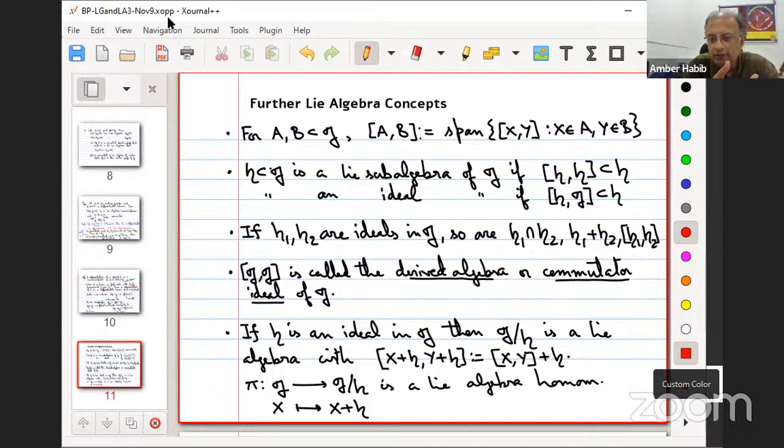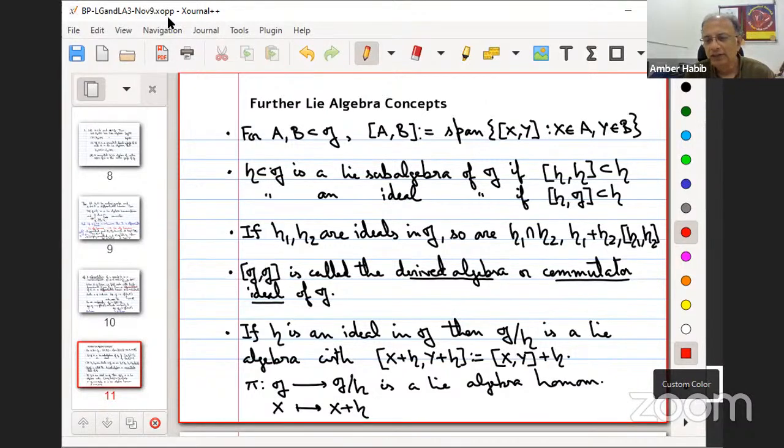We already saw G bracket with G, which we call the commutator subalgebra. Here are some more names for it. Sometimes people call it the commutator ideal because it is an ideal, and other people call it the derived algebra. It kind of depends on the context in which you are talking. That would determine what name you would like to use for it.